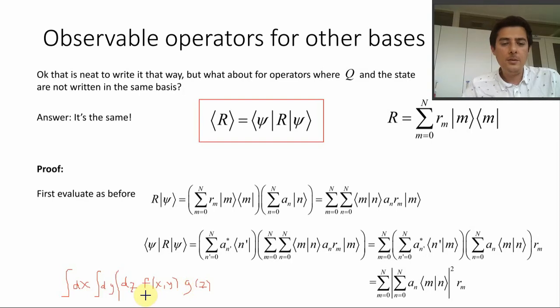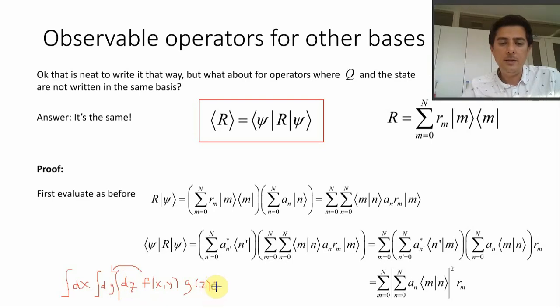Because this function here is actually independent of the z integration, you can pull this outside the z integral because it doesn't depend upon the z. But the g of z you cannot pull outside the integration here.